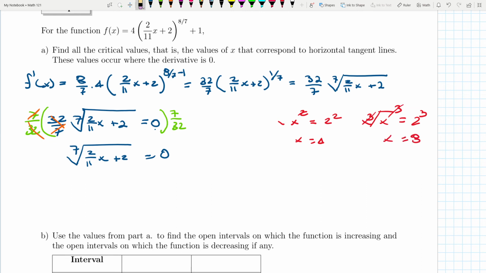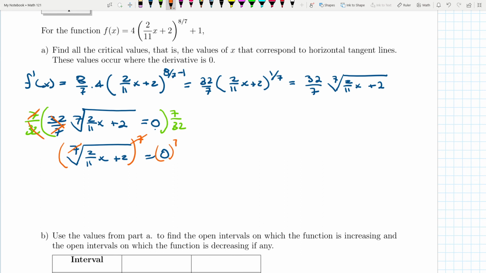So in this case, because we have the 7th root, we need to raise both sides to the 7th power, to cancel the index with the power. Well, 0 to the 7th power is still 0, and 2 over 11x plus 2 equals 0.